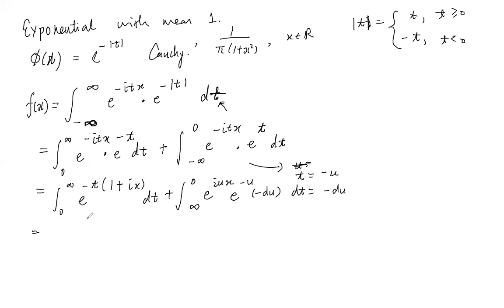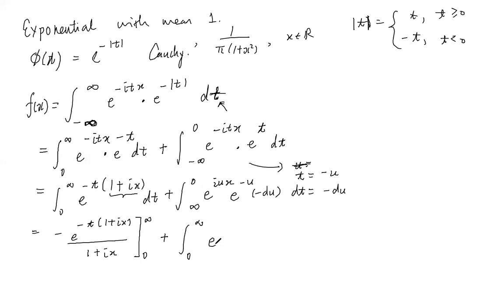So over here you have basically e of minus t, so you treat this as a constant. So you have e of 1 plus ix. There's a negative here, so you evaluate. Now this negative will come here and flip the sign, so you'll get 0 to infinity.